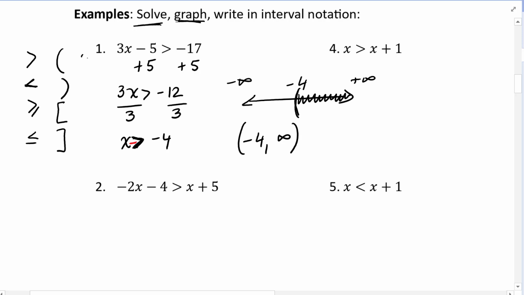Sometimes they use circles to represent strictly greater than or less than, and closed dots to represent greater than or equal to or less than or equal to.